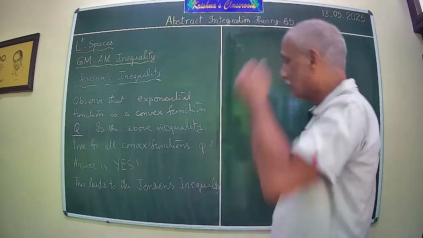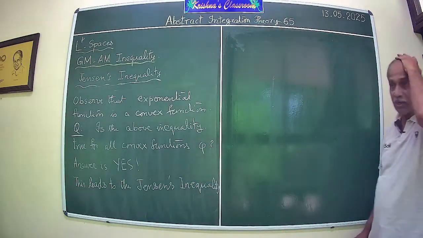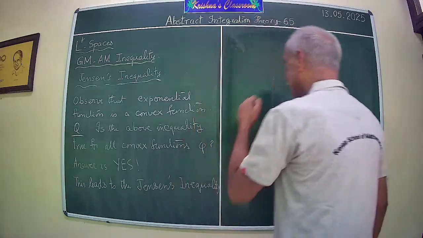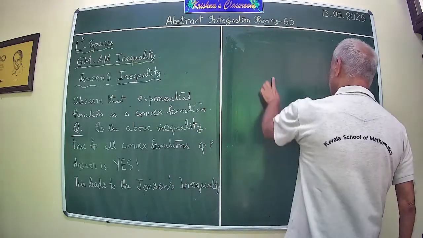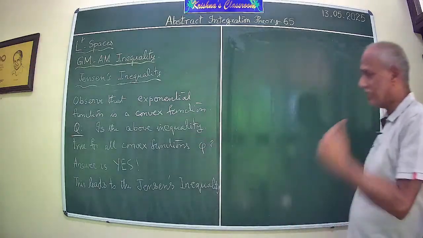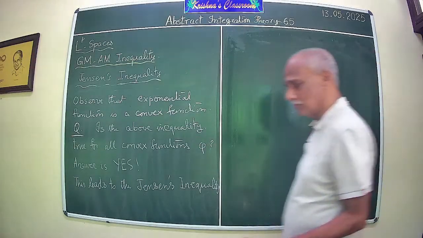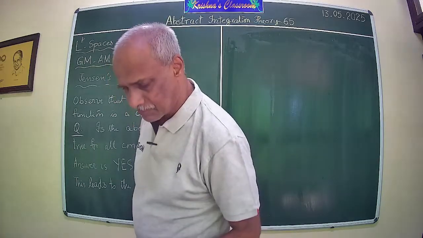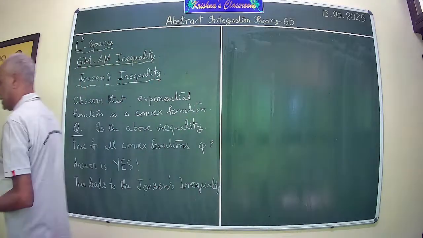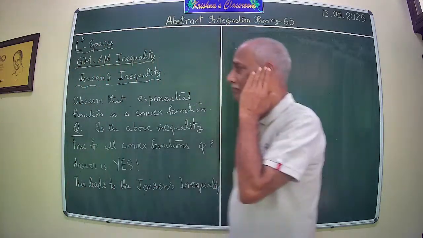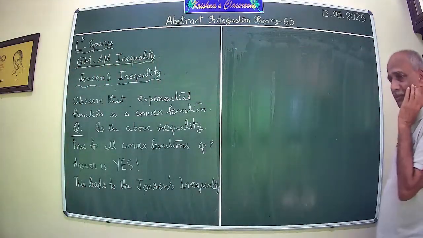I just wanted to tell you why it is called the GM-AM inequality, or the generalization of GM-AM inequality. What justification is there for that? In fact, it simply says that from the Jensen's inequality, one can derive the GM-AM inequality. Not only that, you can derive several inequalities.